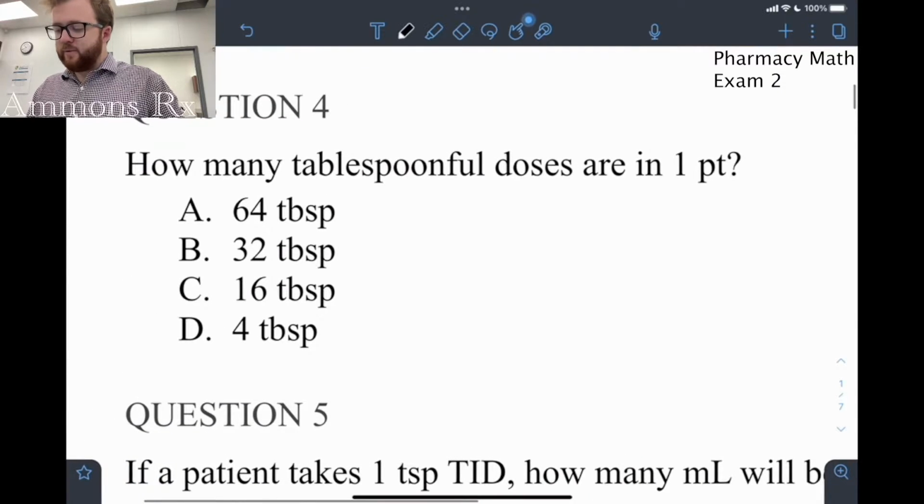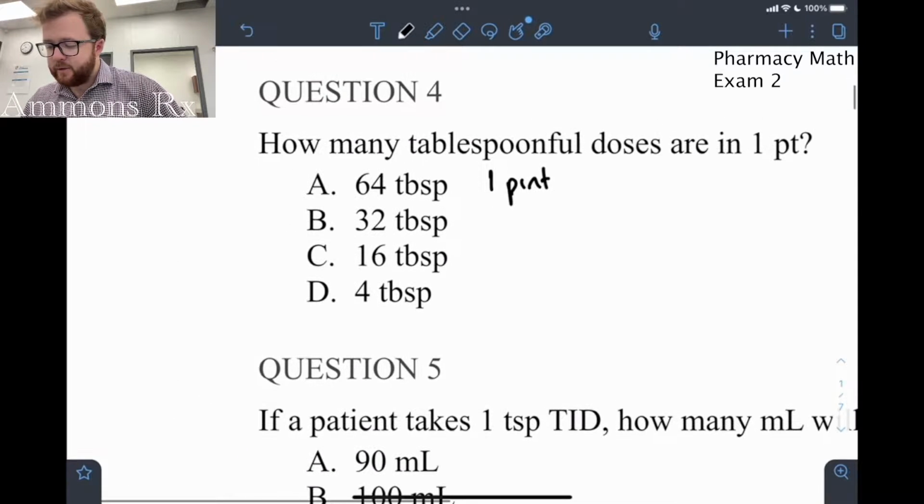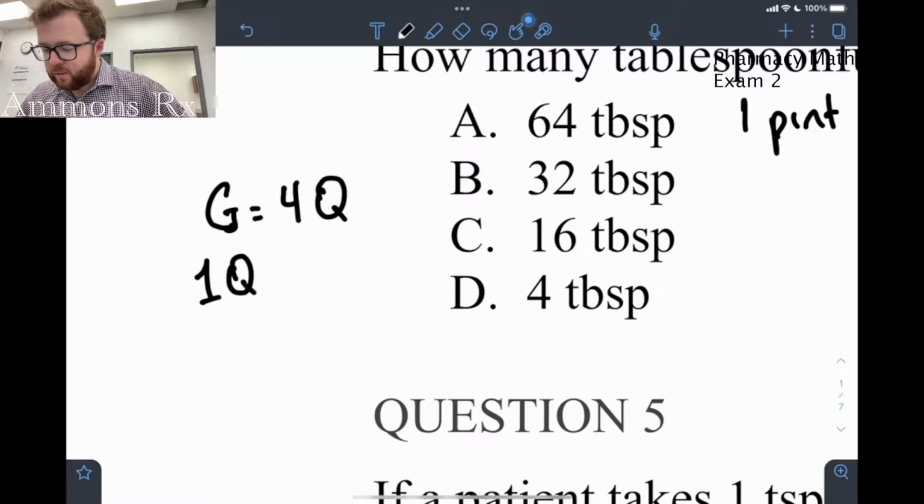How many tablespoonfuls are in 1 pint? So 1 pint, remember your gallon man. I'll go ahead and draw the basic gist of it. Gallon, 4 quarts. 1 quart is equal to 4 pints. 1 pint is equal to how many cups?